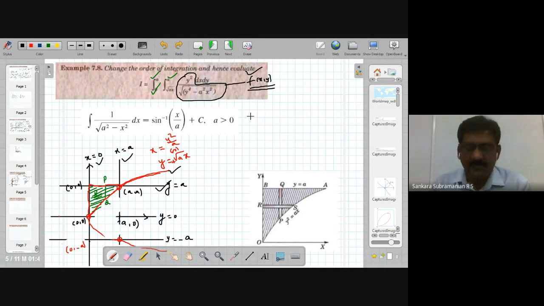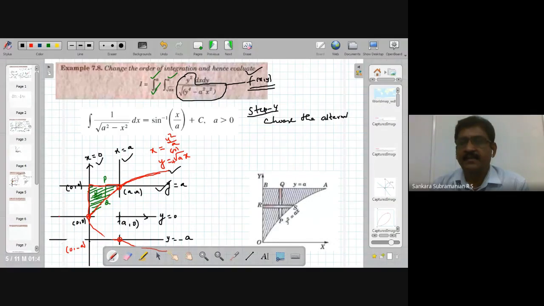So step number 4. Choose the alternate strip RS. RS கொடுத்திருந்தாங்கன்னா PQ எடுக்கணும். PQ கொடுத்திருந்தா RS. அப்பதான் சேஞ்ச் ஆஃப் ஆர்டர் வரும். அப்போ நம்ம வந்து இந்த கலர் யூஸ் பண்ணிருக்கோம். We can use the strip RS.